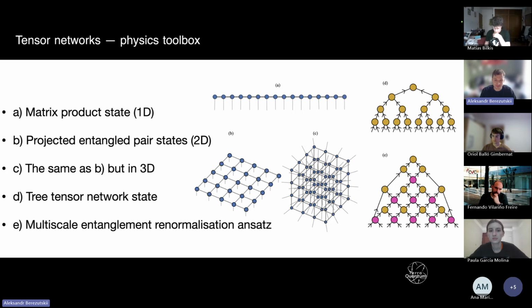For example, if you take a matrix product state and apply MPOs, which corresponds to this 1D chain and then a similar chain of operators, the bond dimension will usually grow exponentially. So you need to limit that.